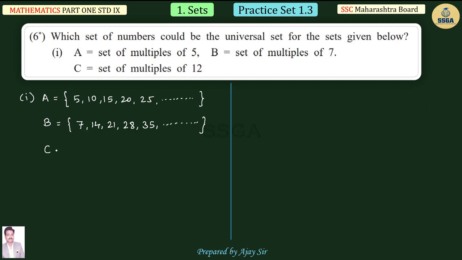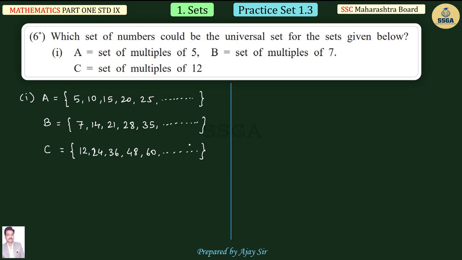Similarly set C, which is multiples of 12, means the table of 12: 12, then 24, then 36, 48, 60 and so on.